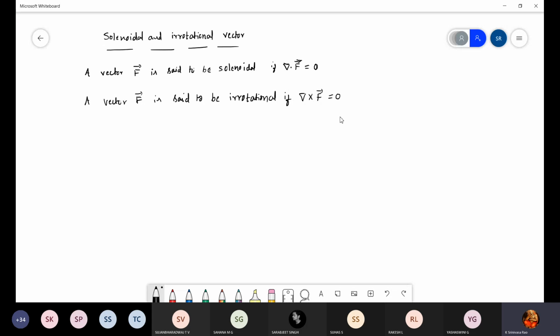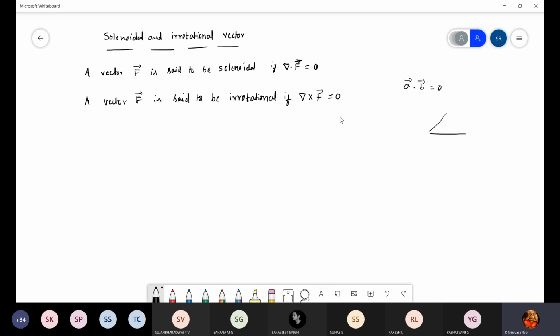What is this? Just briefly I will explain. Usually, the dot product of two vectors is equal to 0 means we say these two vectors are perpendicular to each other, orthogonal.